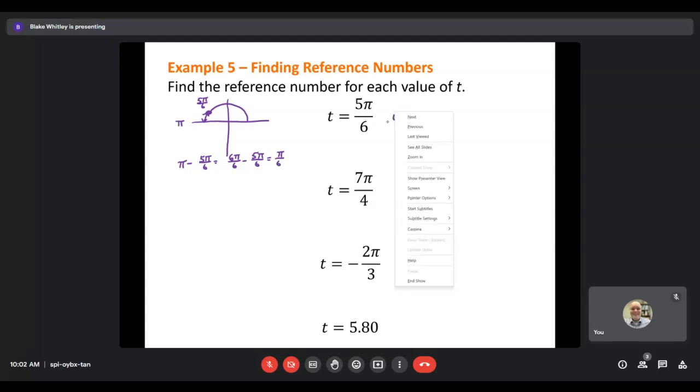And so our t-bar is going to be pi over 6. Now, that's exactly what we did on the previous example when we were trying to find those ordered pairs from the first quadrant. Remember that pi over 6 would now be the reflection over the y-axis. And so if we know the ordered pair there, then we can find the ordered pair at 5 pi over 6 as well.